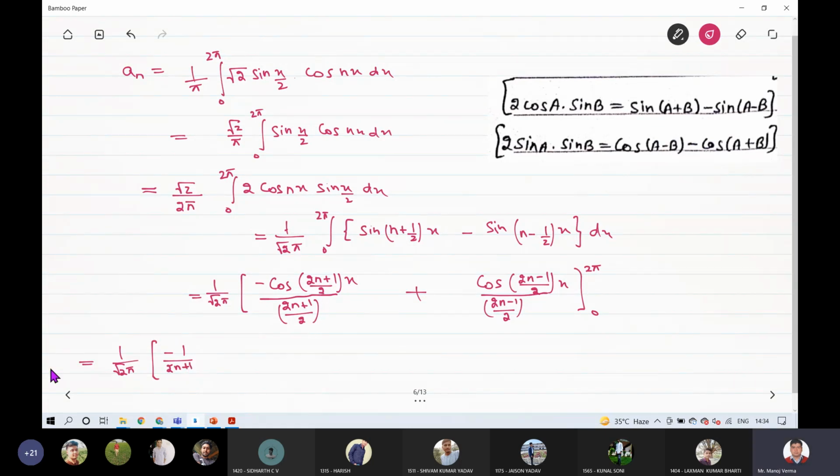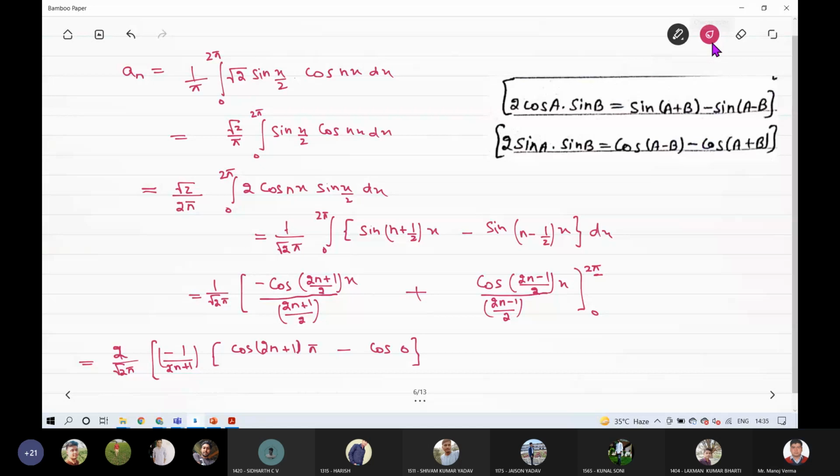Okay, I am taking this 2 outside. Minus 1 divided by 2n plus 1 into cos (2n plus 1) pi. I am also inserting the limits 2 pi to 0, minus cos 0.